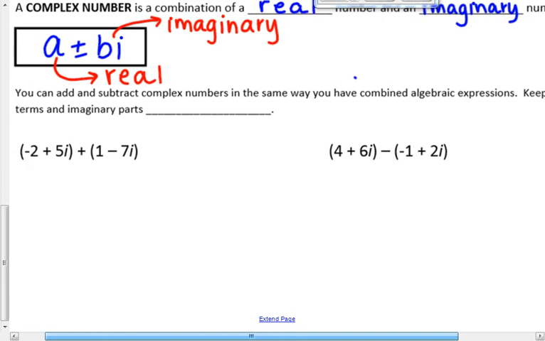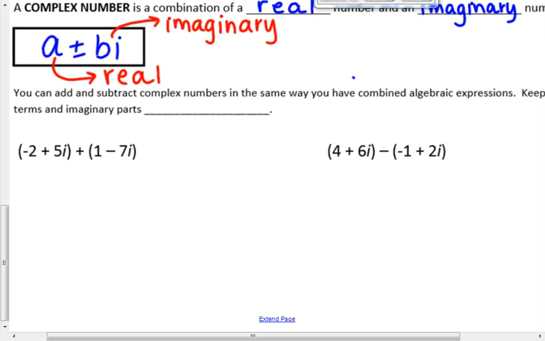Keep your real terms and your imaginary parts separate. I'll explain what that means in a second. Now, they're going to be together as far as they're all going to be in one mathematical sentence, but they're going to be separate as far as you cannot combine 2i and 4, for example. Those two things are not like terms.